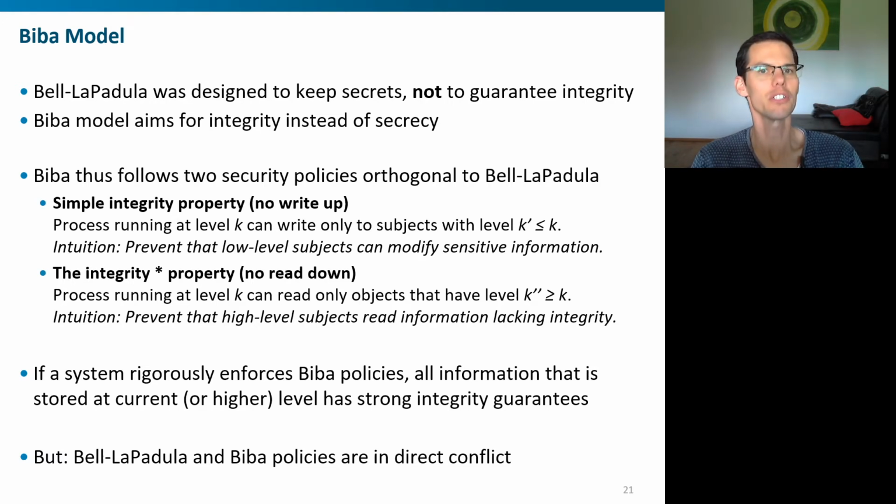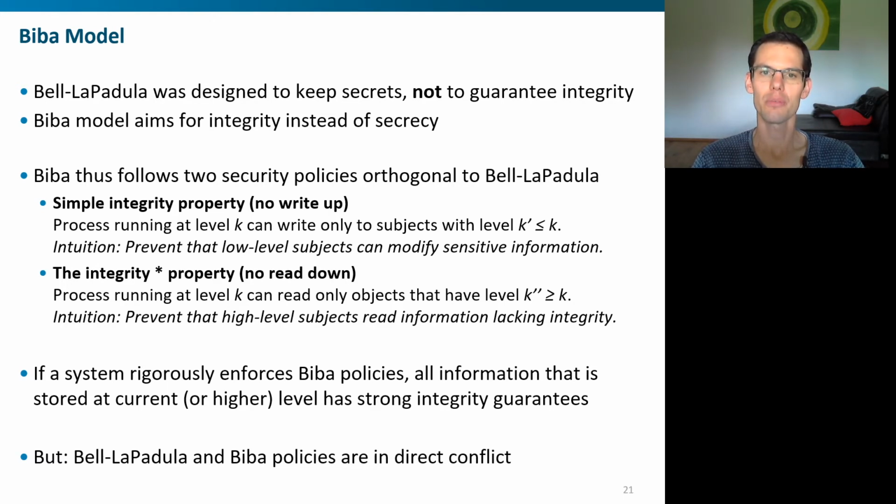This again is super non-intuitive, but it follows the idea of the Biba model because we want to have integrity. And since the general, if he would read data from the foot soldier's account, would not have any guarantee that this data has integrity, the second property, the integrity star property, ensures this, again in a very theoretic concept.